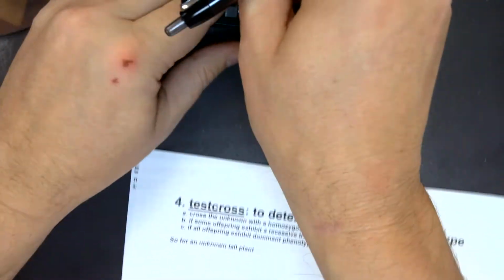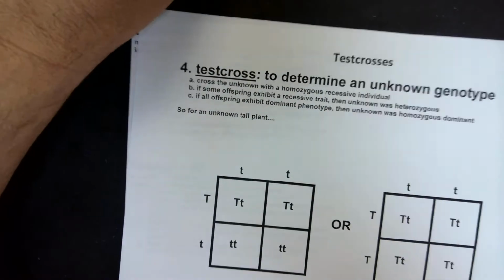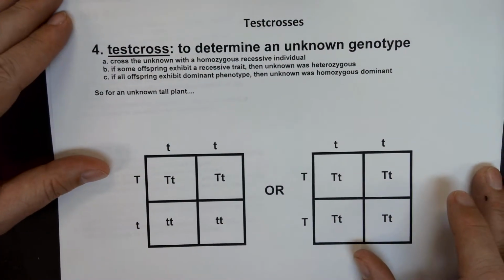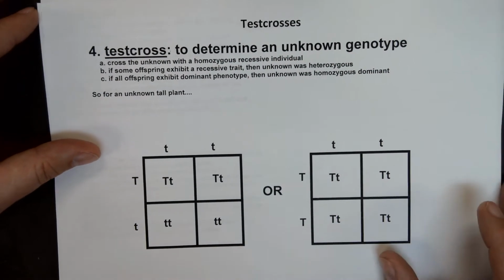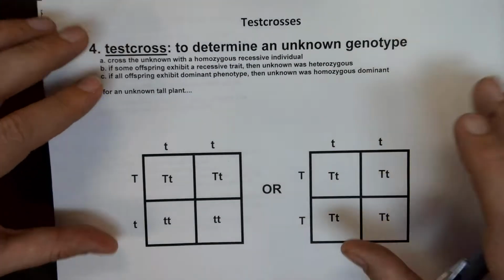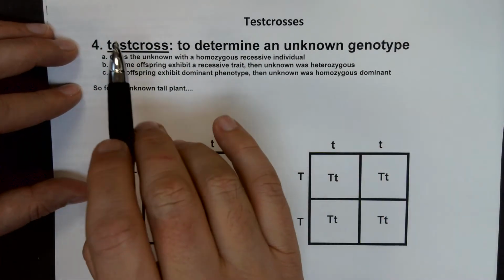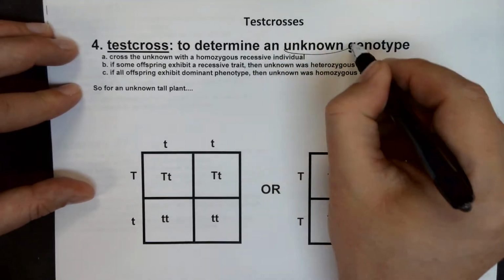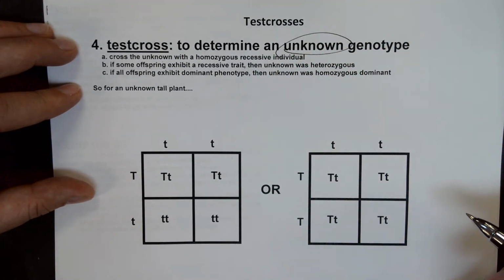We're going to take a look at these notes, and you should roughly have them in your Google Classroom so you can follow along. A test cross is used if we want to know what an unknown could possibly be.